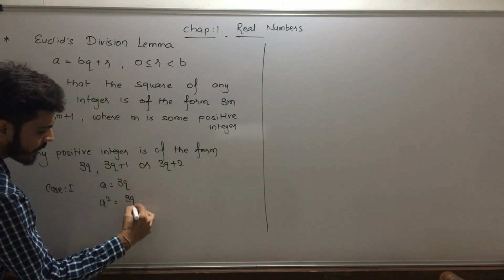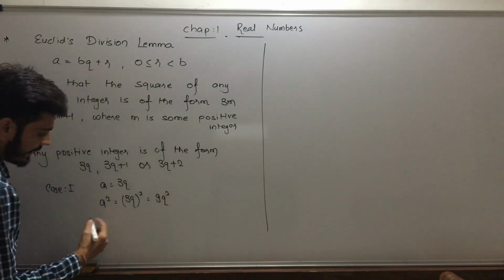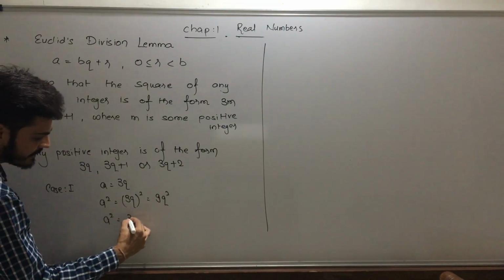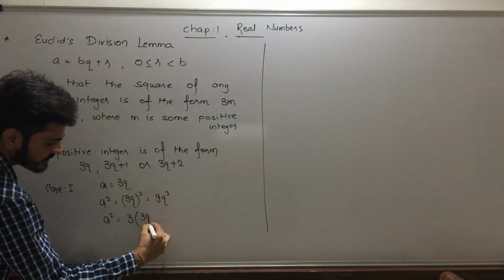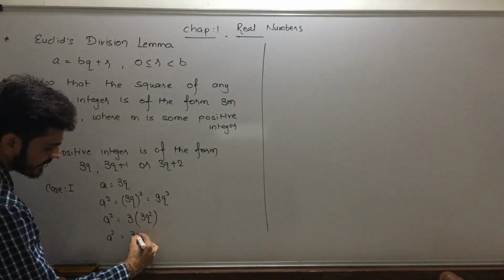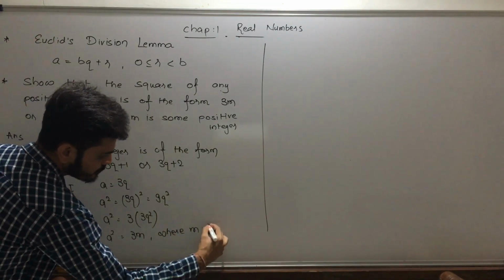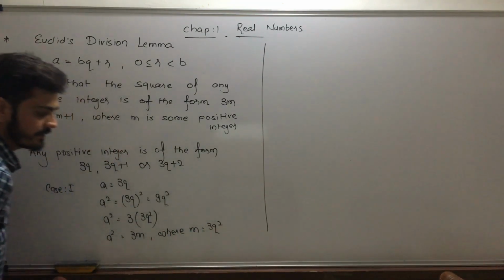So 3q square is equal to 9q square, and this 9q square can be written as 3 into 3q square. So now it is of the form 3m, where m is equal to 3q square, right?